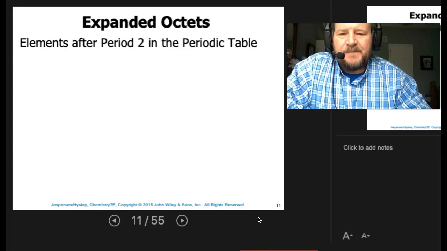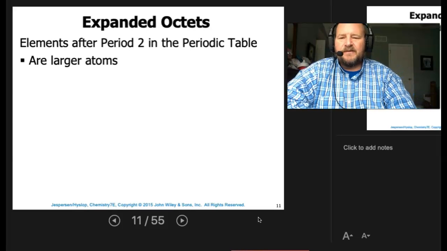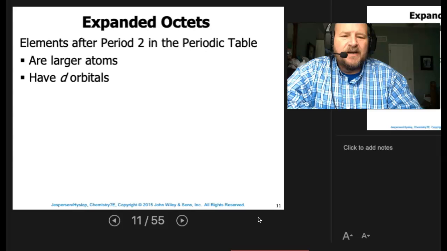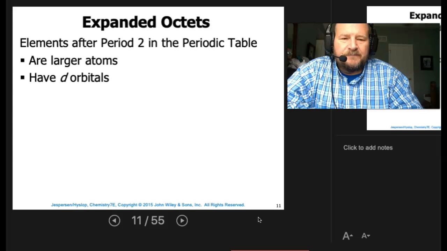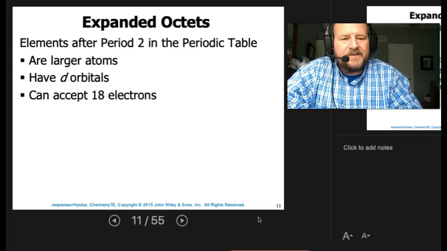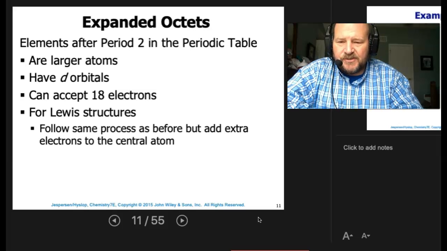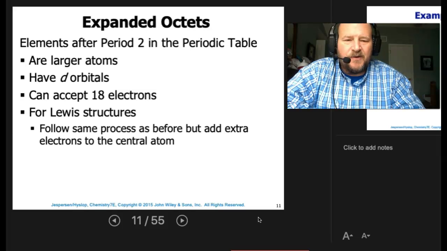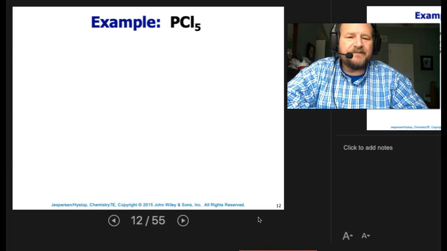Now, elements after period 2 in the periodic table are usually larger atoms and have your d orbitals as well, which means you can have up to 18 electrons in that total shell. So for Lewis structures, we're going to follow all the same process as before, but any extra electrons will add to the central atom. So for instance, let's take a look at PCl5.